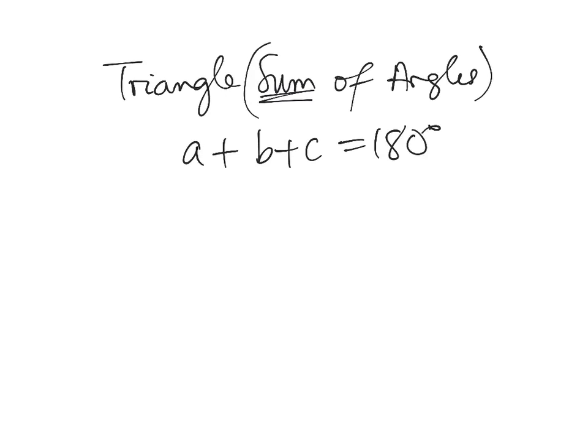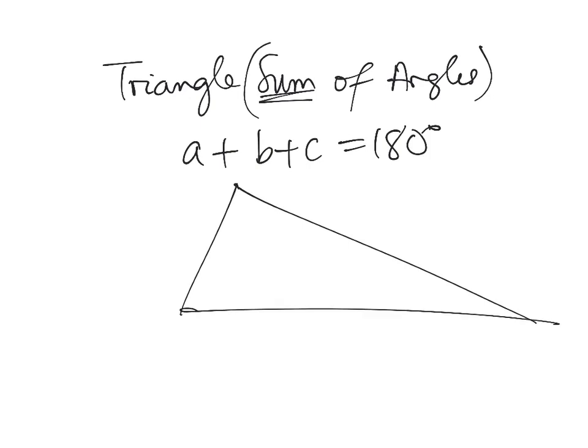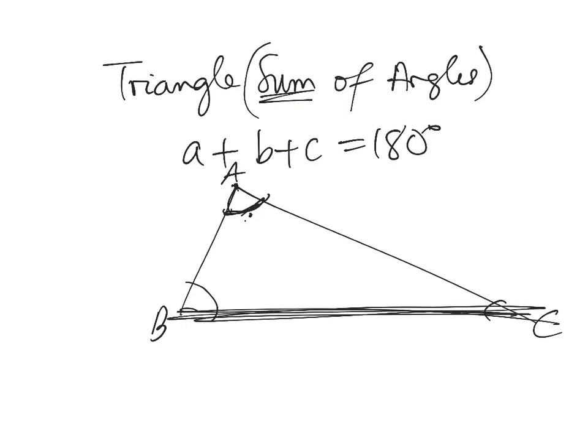There is a relationship between the side length and the angle, right? So imagine you have a triangle like this, and you have A, B, C. There's a relationship between this angle here and this length over here. You see, the longer this is, the bigger this angle would be.